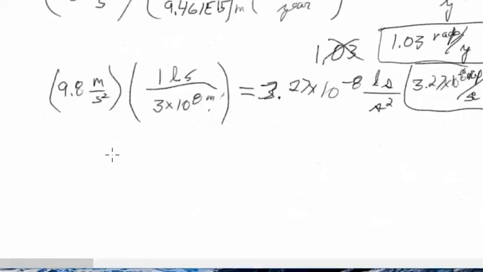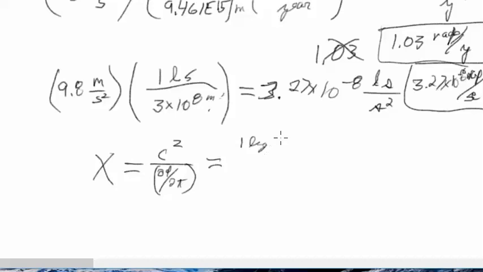Now for the final part of this, x equals c squared over basically delta change in rapidity over time. We can choose between the speed of light in time. Either way, we could write 1 light year per year squared divided by 1.03 rapidians per year.